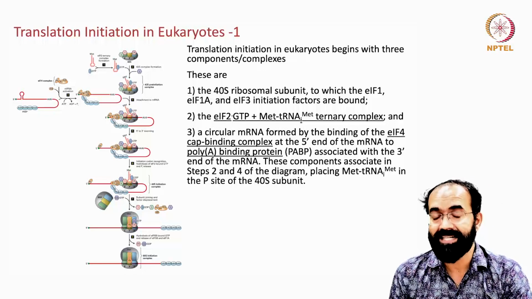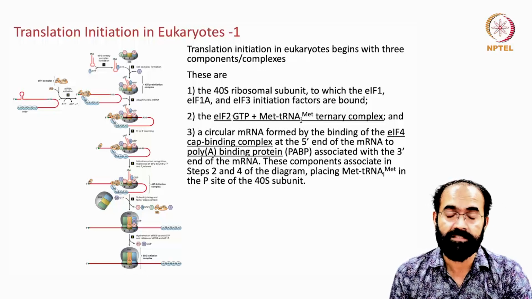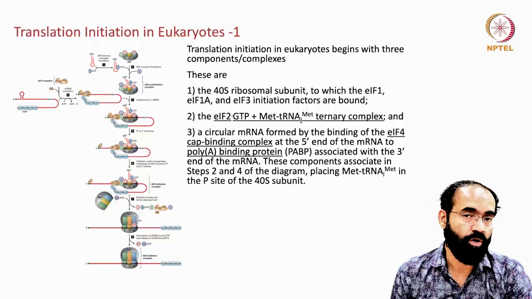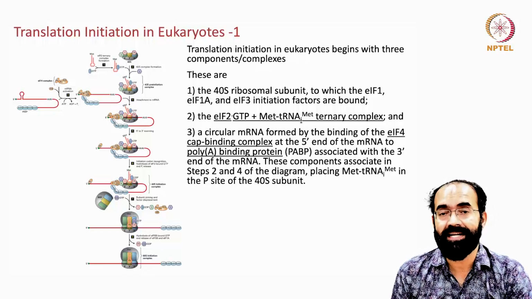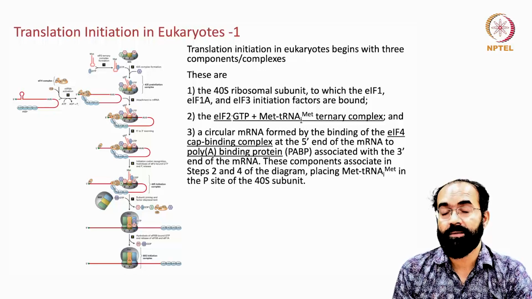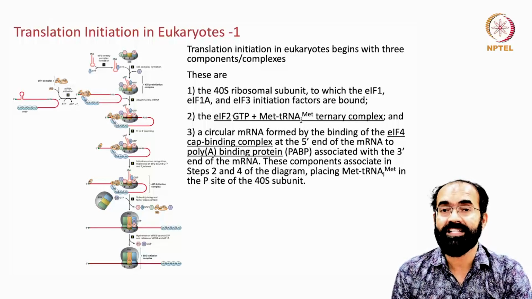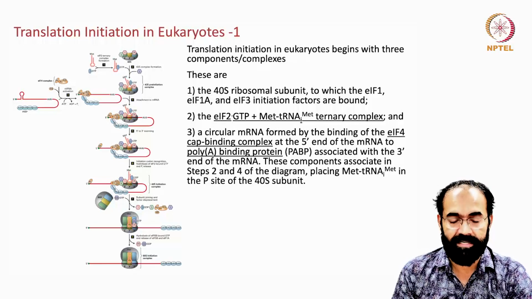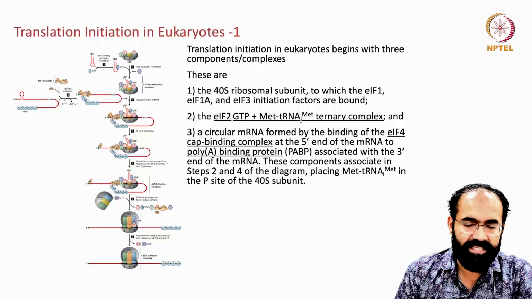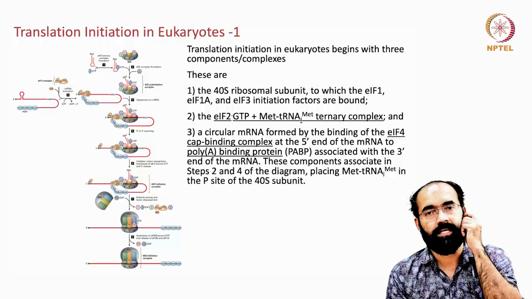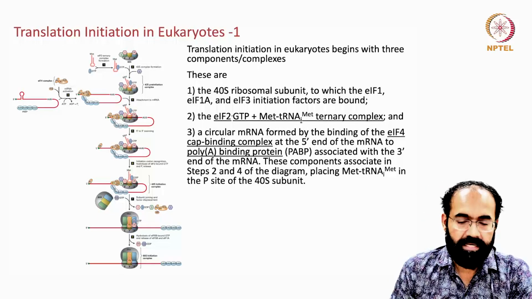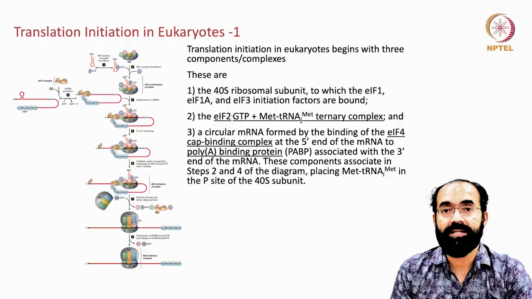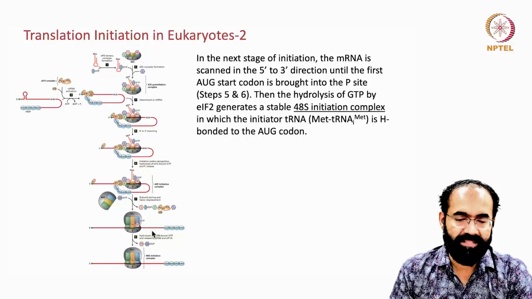The P site is lying empty, which won't be the case in subsequent steps, because the previously entered tRNA will be there in the P site. As you can see here, the mRNA forms a circular shape, and the methionine tRNA directly enters the P site.